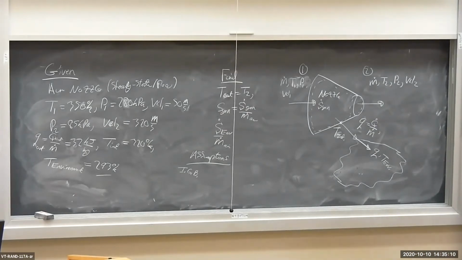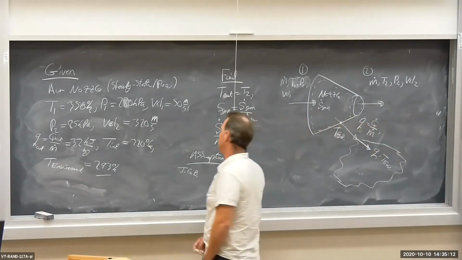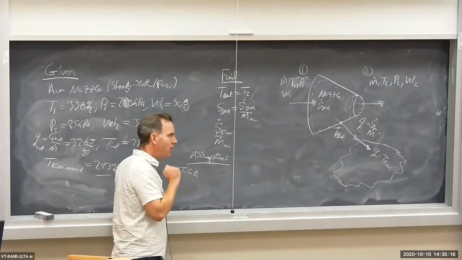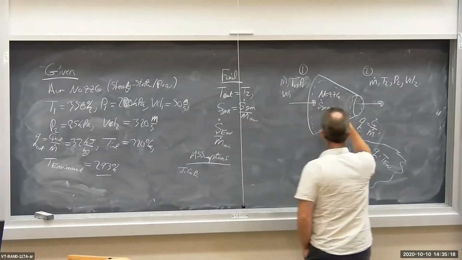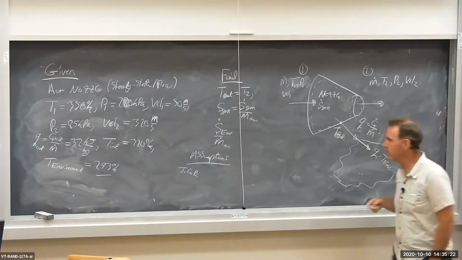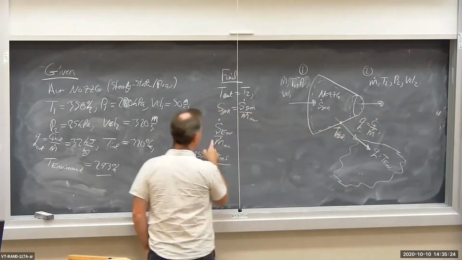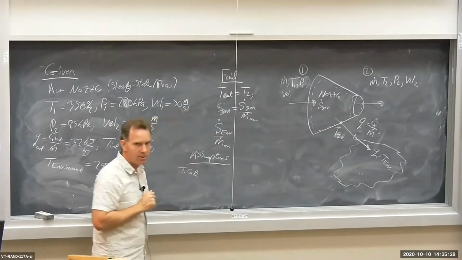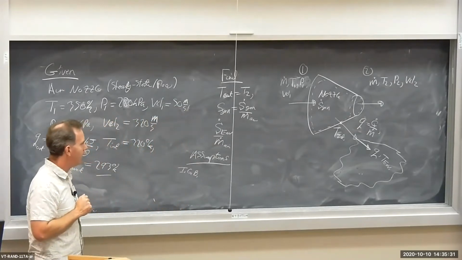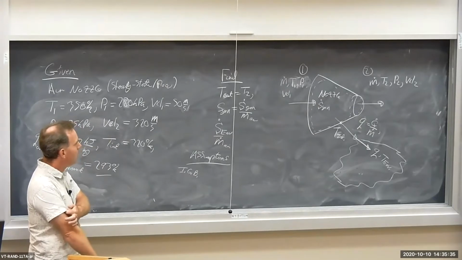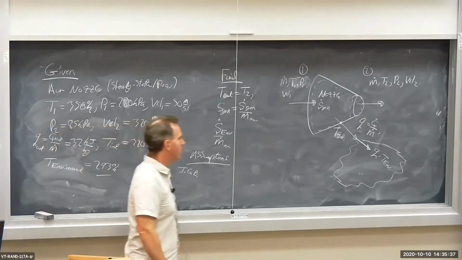So I want to find the outlet temperature, the rate of entropy generation per unit mass flow, s gen. And I also want to find the rate of entropy transfer into the environment from the nozzle per unit mass flow, S dot environment divided by m dot air. I want to find the rate of change of entropy within the environment per unit mass of airflow.